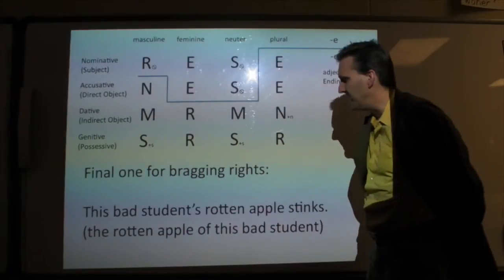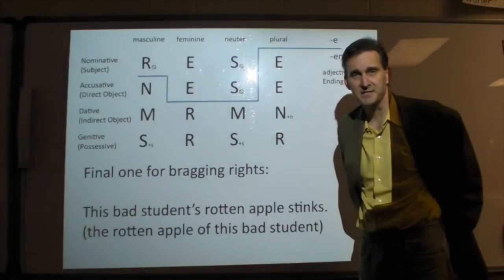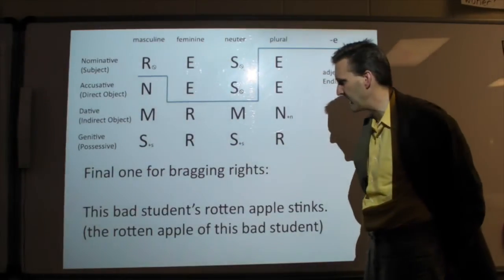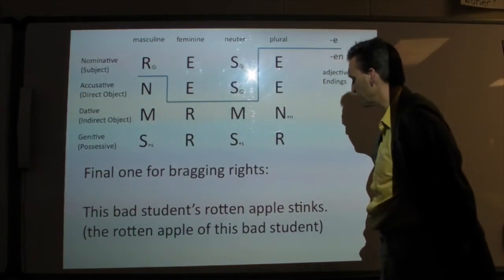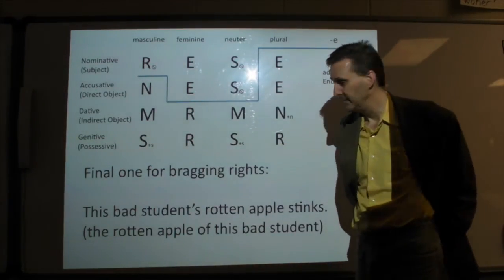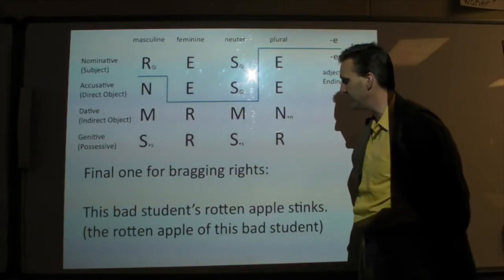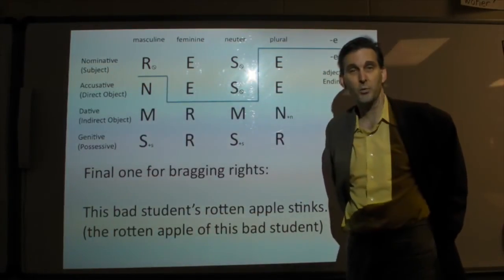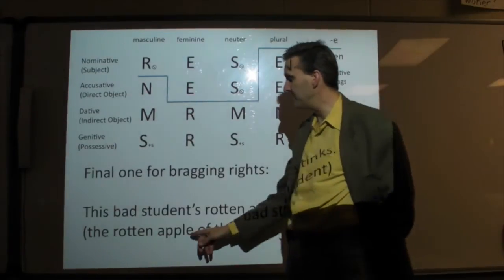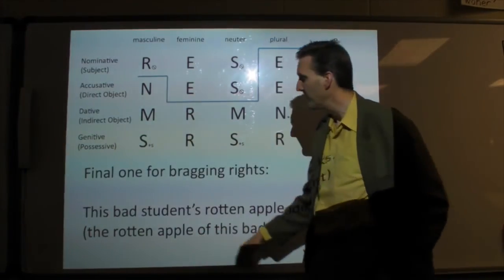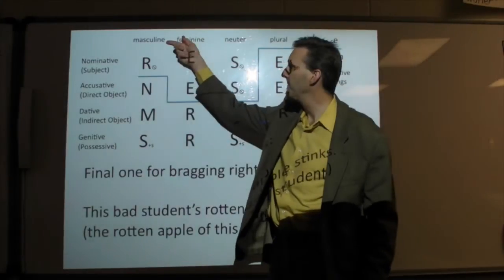Alright, and then a really strange sentence, as if I haven't thrown enough strange sentences at you. This bad student's rotten apple stinks. Well, quite a sentence for you. We want to say the rotten apple of this bad student. Well, let's go with the rotten apple. That's the subject, the rotten apple. Apple is masculine, okay?